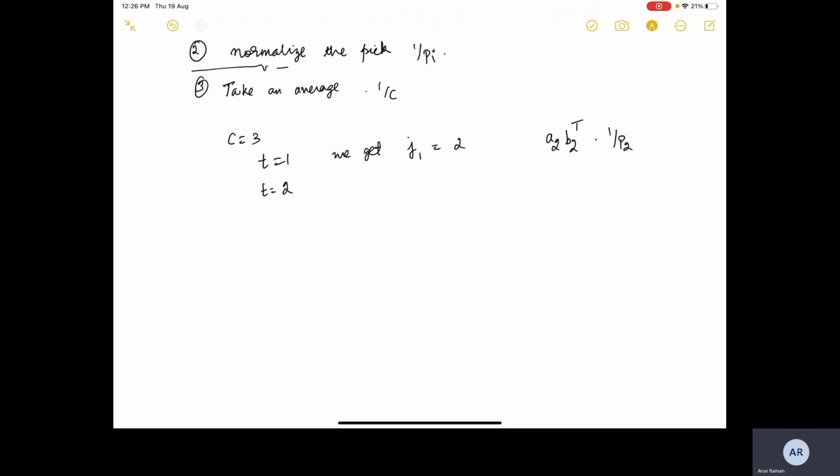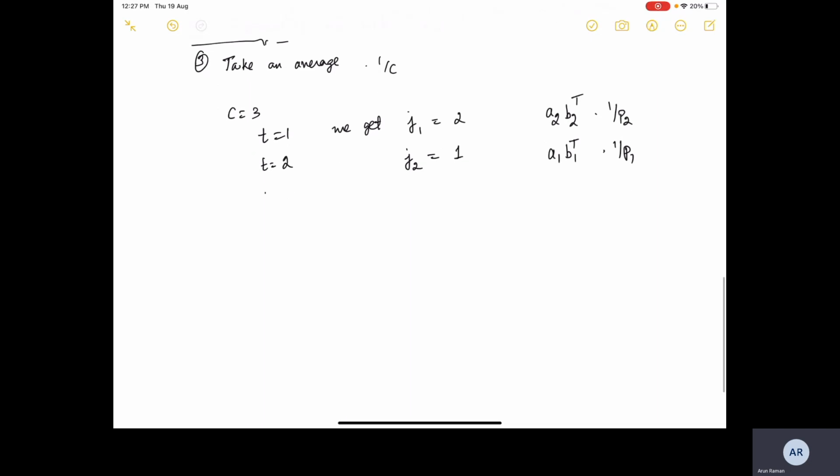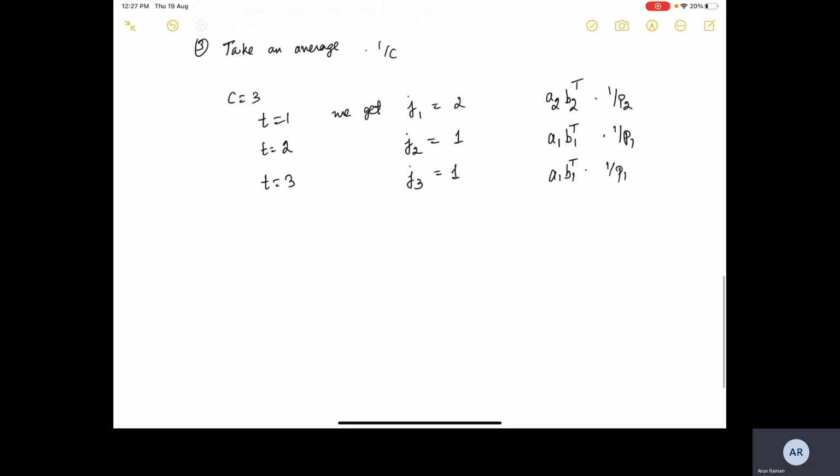Then at T equal to 2, suppose we got J2 equal to 1. Then we pick A1, B1 transpose and normalize it by P1. At T equal to 3, if we got J3 equal to 1 again, because we are doing it with replacement, we again write A1, B1 transpose into 1 upon P1. At the end, we approximate the result by adding these three terms and normalizing by 1 by C.